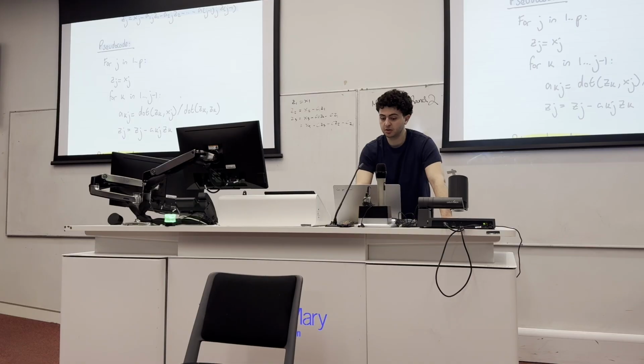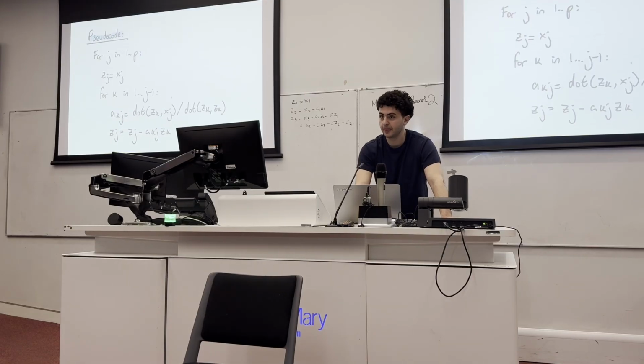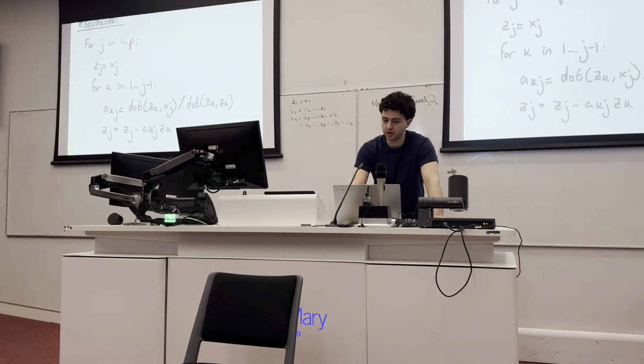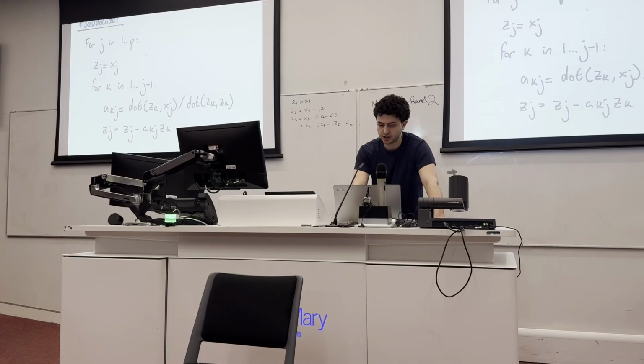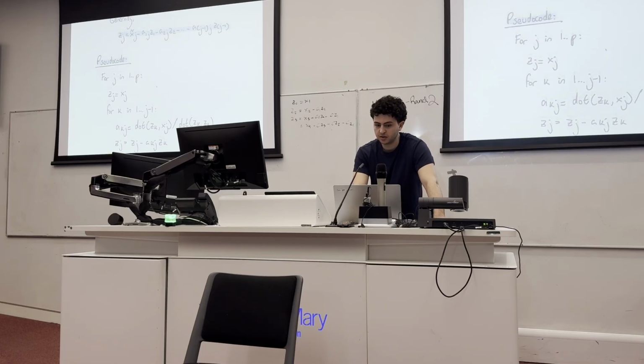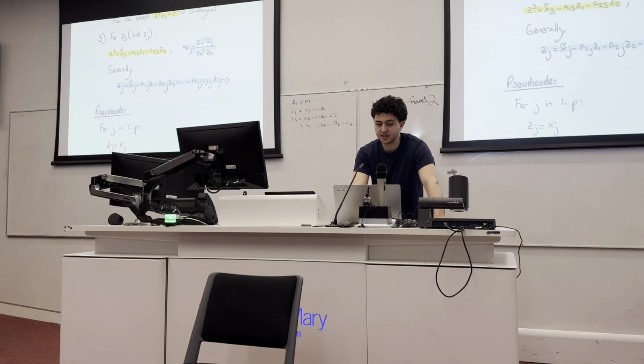This is the code. Looks much simpler this way, doesn't it? So what you're doing is for j from 1 to p, so for each and every single one of your columns, because you've got p predictors in your linear regression model, we're going to go from k from 1 to j minus 1, right? So for z3, we had to go from z1 and z2. So 3 is j, and 2 would be j minus 1 here.